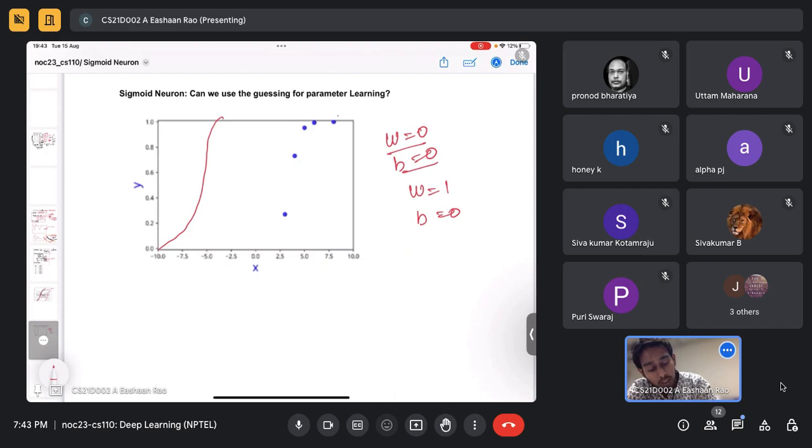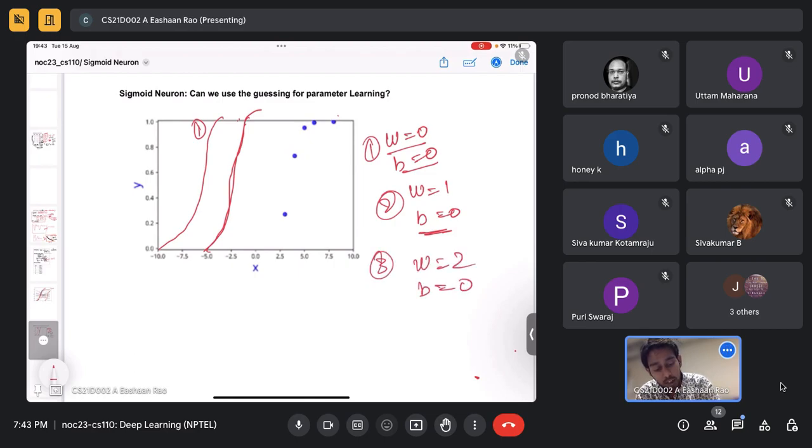Maybe I will improve a little bit more, and then I will see that my slope is good, but my value of b is still very far. So maybe I will do w equal to 2, b equal to 0, and go like this.